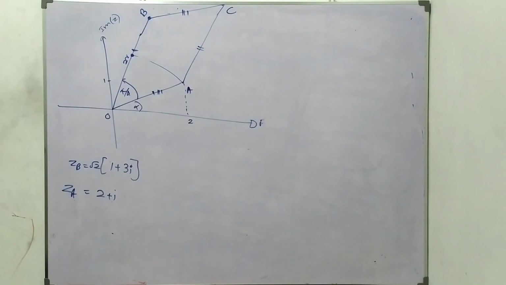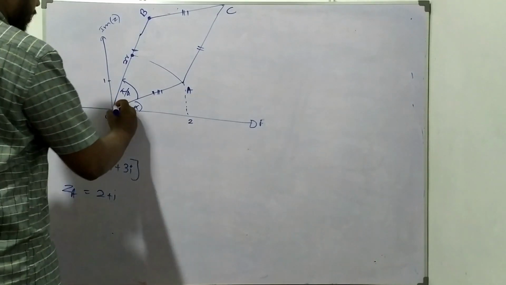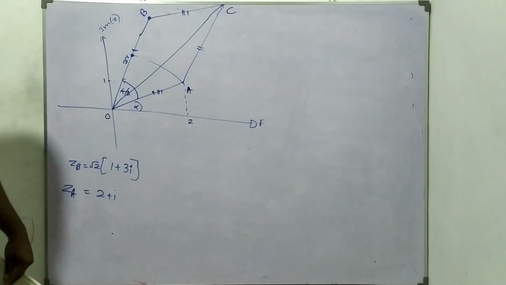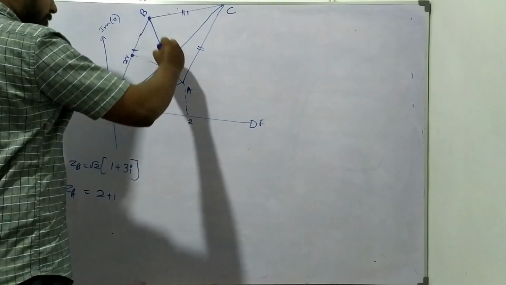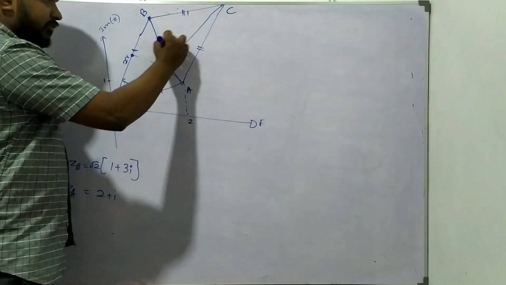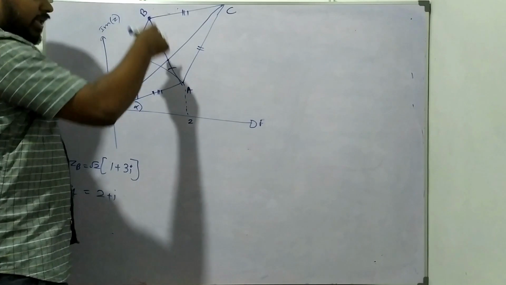So we have to find this C complex number. How to find that C? This is my Z, and this is the midpoint of AB.